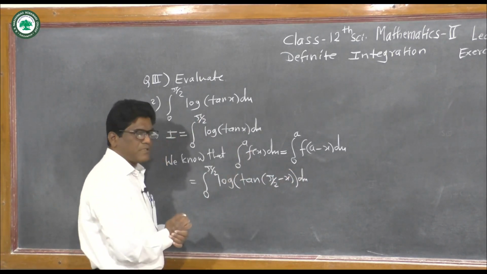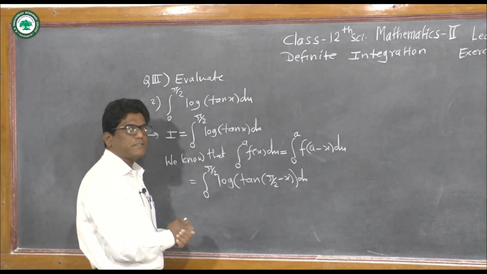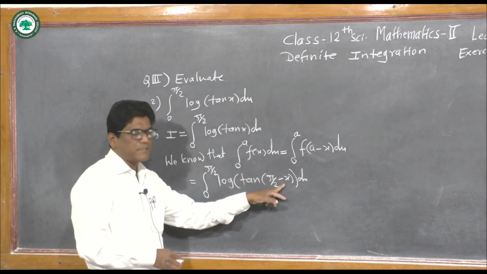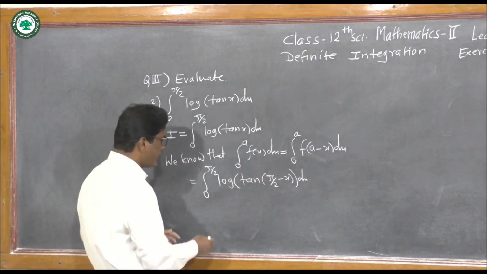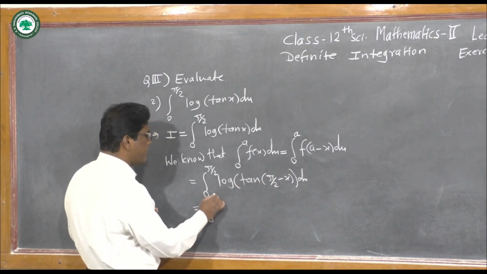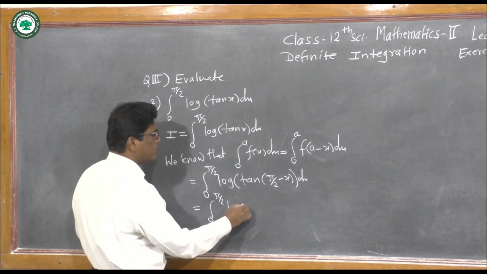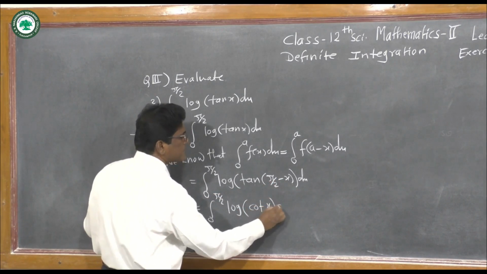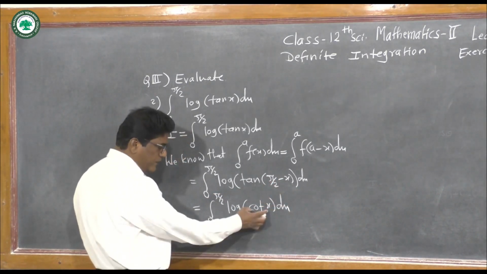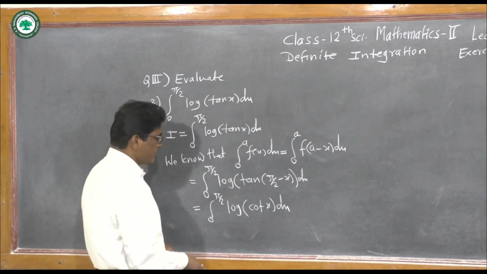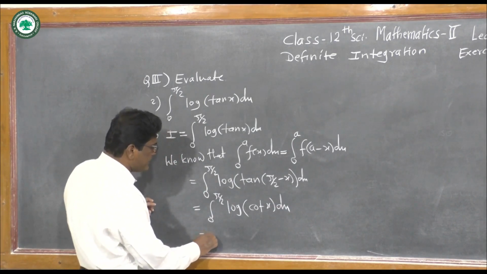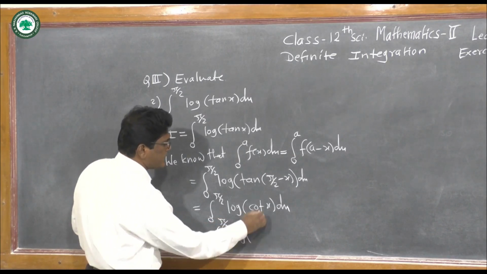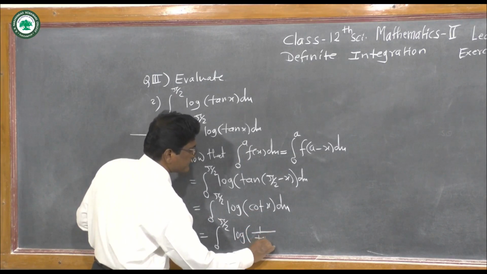We have just seen the formula, sin 90 minus theta, cos 90 minus theta, tan 90 minus theta. So tan 90 minus theta is equal to cot theta. So here we get integration 0 to pi by 2 log of tan of 90 minus x, it is cot x dx. Again we know that cot x is 1 upon tan x. So we write integration 0 to pi by 2 log of cot x, we write 1 upon tan x.